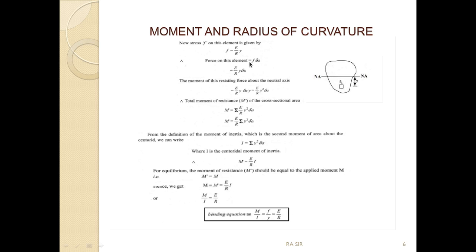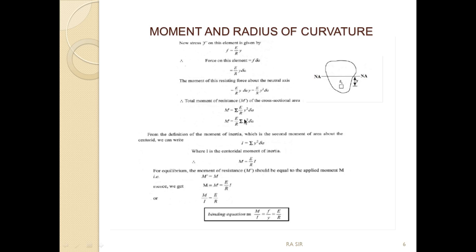The force on the elemental area is fdA, and after substitution the force becomes Ey by R dA, generating a resisting moment about the neutral axis, Ey square by R dA. So the moment of resistance of the cross sectional area, M dash, is E by R summation y square dA.